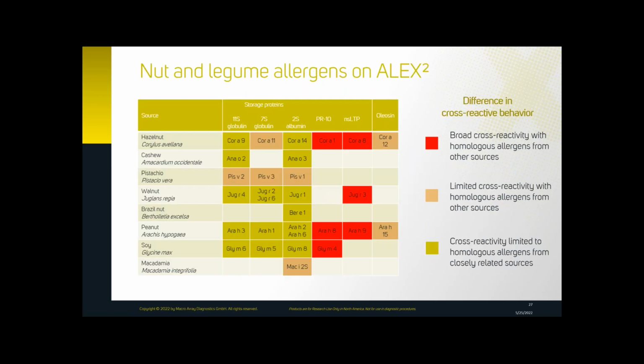So some have a broad cross-reactivity with homologous allergen sources like the PR10. So we don't have so many allergens from those for the nuts, but others have a very limited cross-reactivity to homologous allergens from closely related sources. That's why it's important to test so many different storage proteins from different nuts.